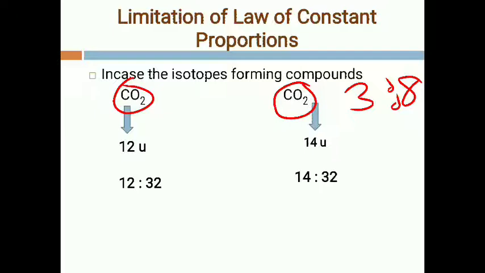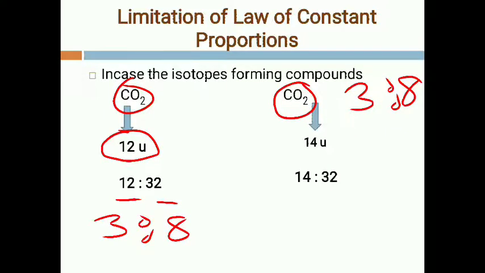That is fine when carbon is the isotope carbon 12, so 12 is to 32 is 3 is to 8. But there is another isotope of carbon, which is carbon 14. So you may have a different type of carbon dioxide based upon the different isotope of carbon, that is 14.